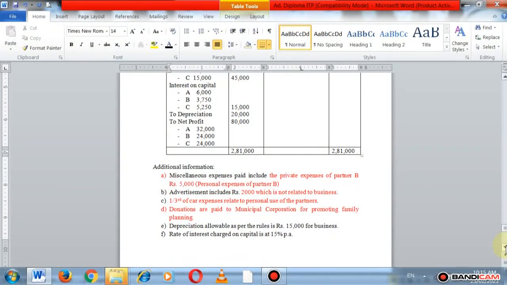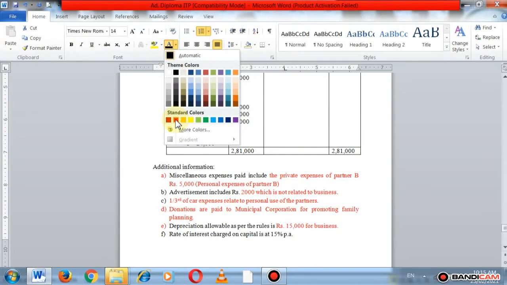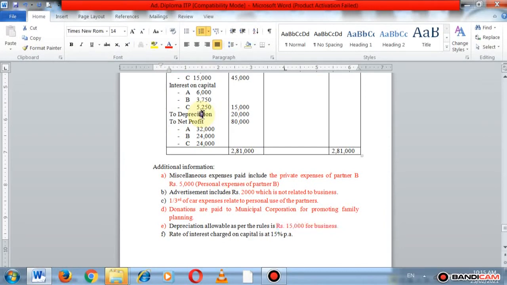Then, depreciation allowable as per the rule is rupees 15,000 for business. So the allowable depreciation under the Income Tax Act is rupees 15,000, and in the profit and loss account the depreciation given is 20,000.